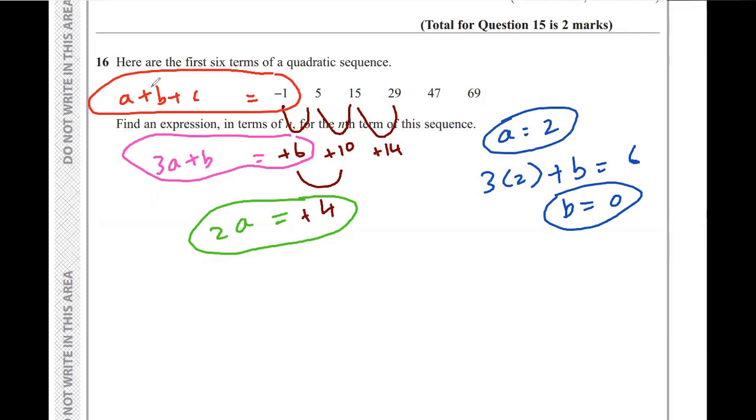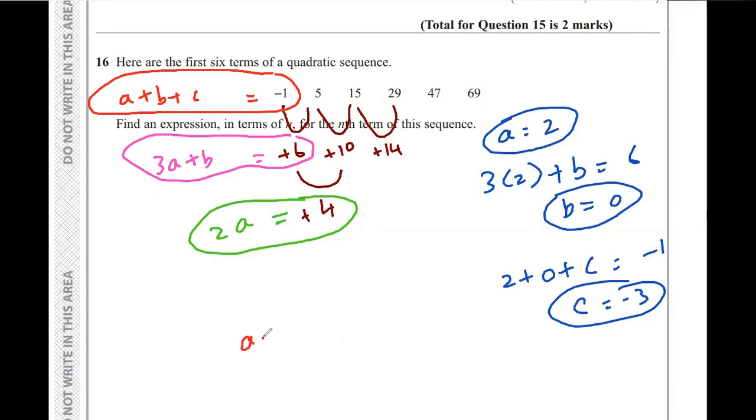A is 2, B is 0. If we plug both of these values in, we get 2 plus 0 plus C equals minus 1. So C must be, if we take away 2 from both sides, minus 3. Mujtaba, can you write down the standard nth term of a quadratic?